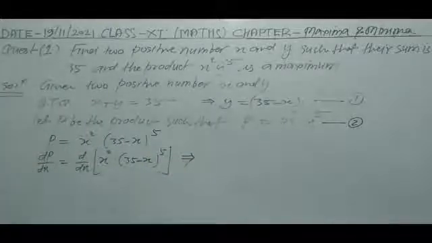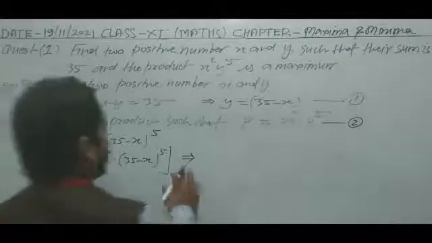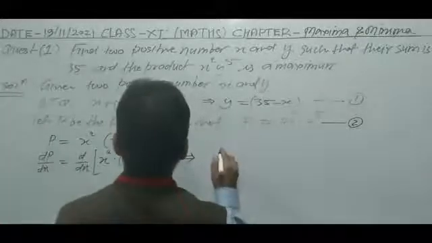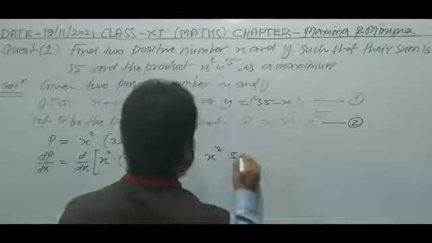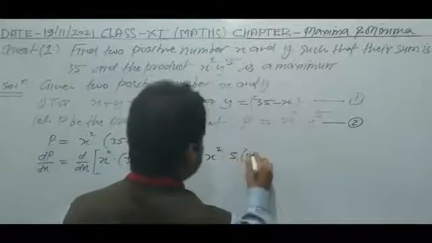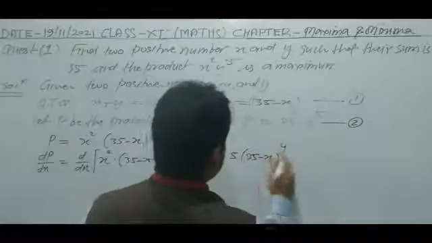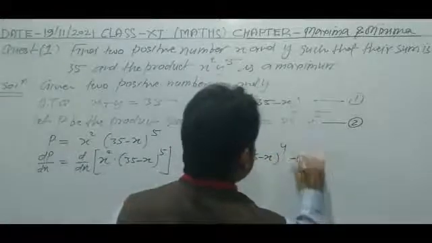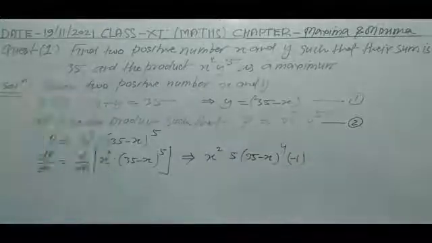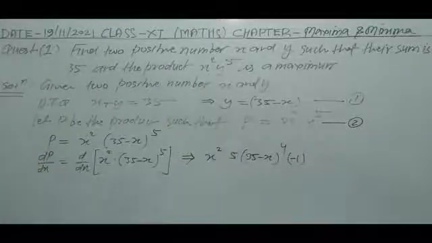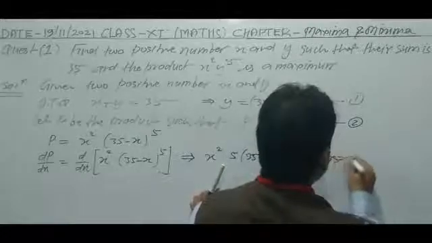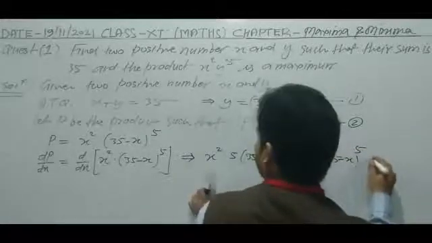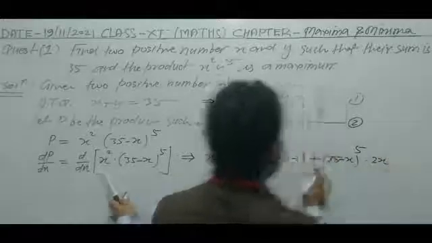Now it's a differentiation: first function times derivative of second function, that is 5 times (35 minus x) power 4 into minus 1, plus second function, (35 minus x) power 5, into the derivative of the first, which is 2x.